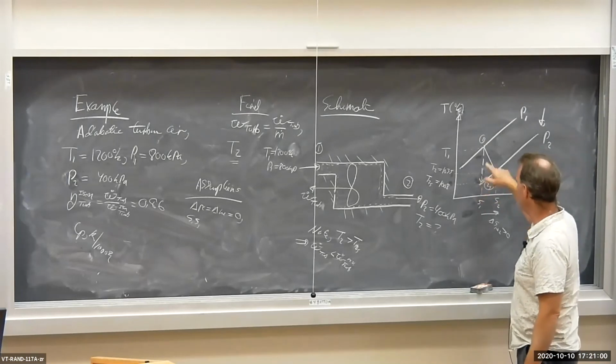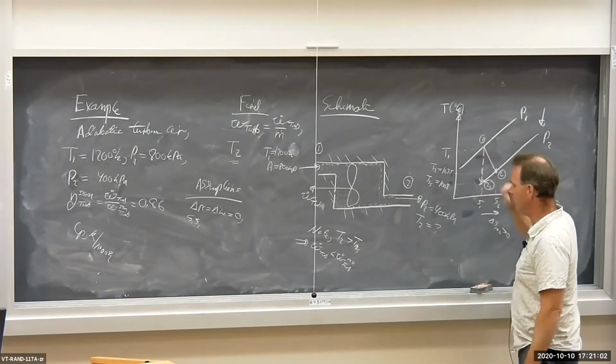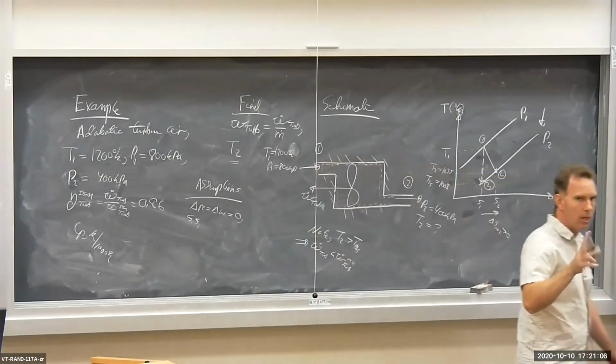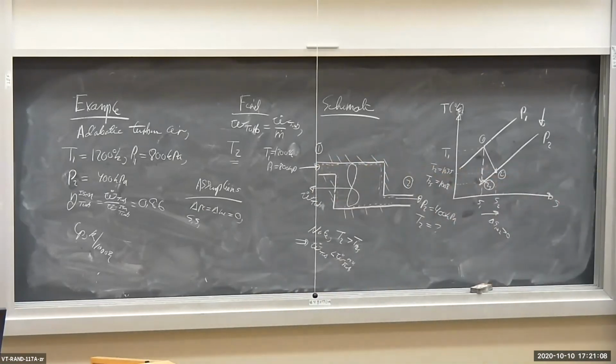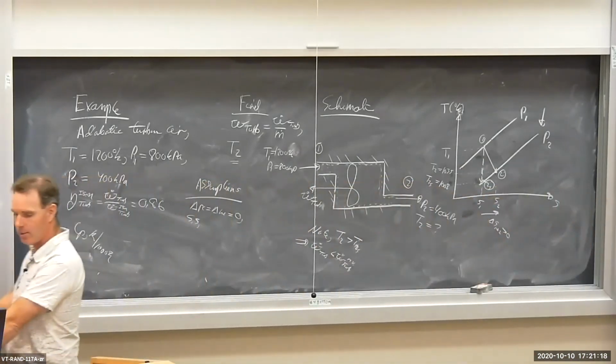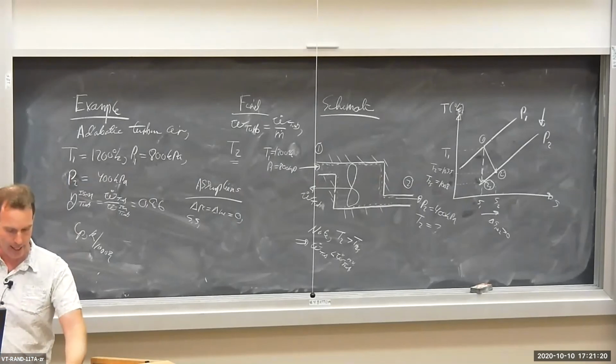You're starting here and you're going up. You're increasing pressure, and your definition of isentropic efficiency is flipped, okay? Similar sort of problem involving a compressor. You'll see examples of isentropic turbines and compressors in your notes and in the textbook.